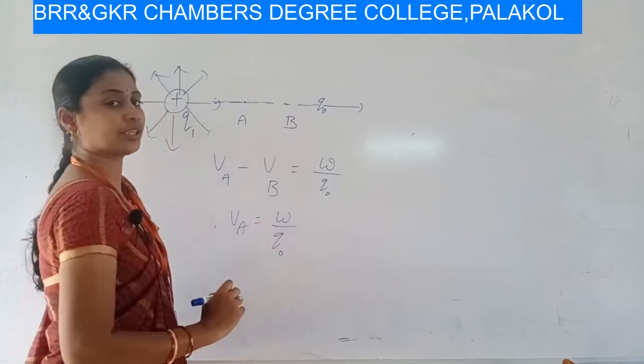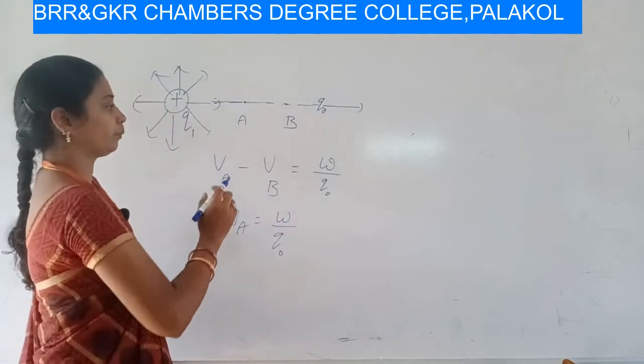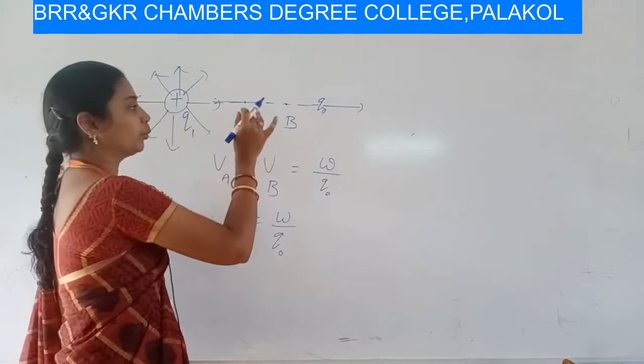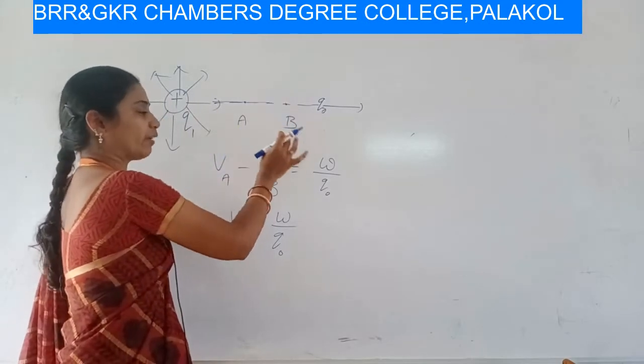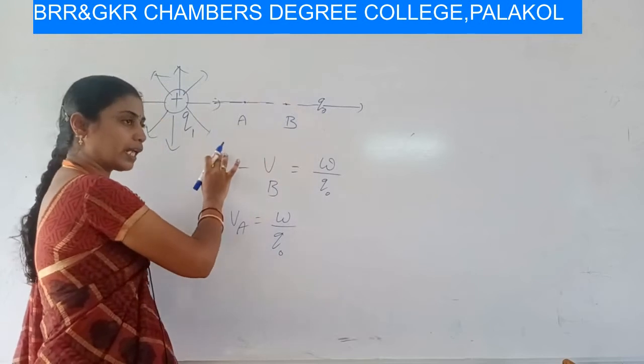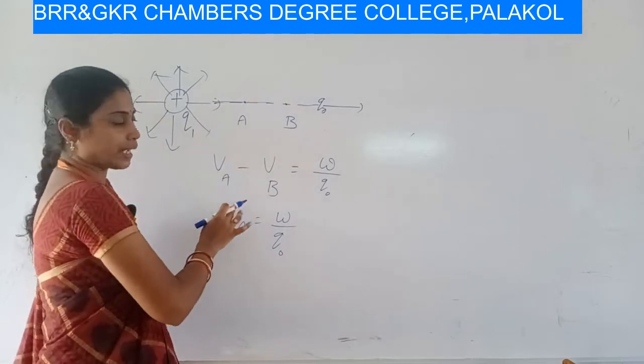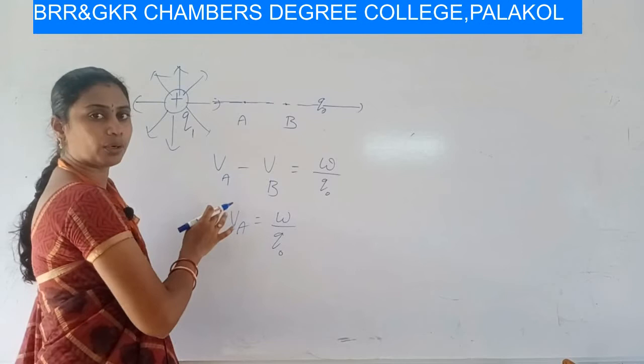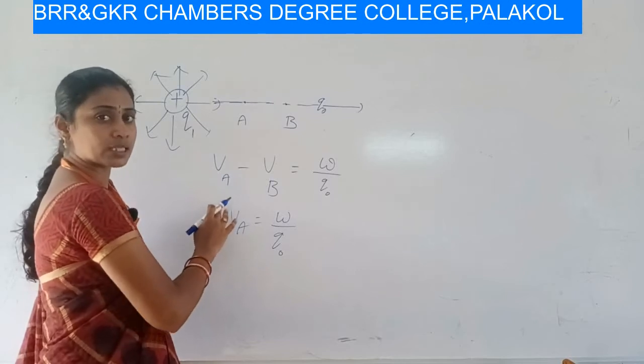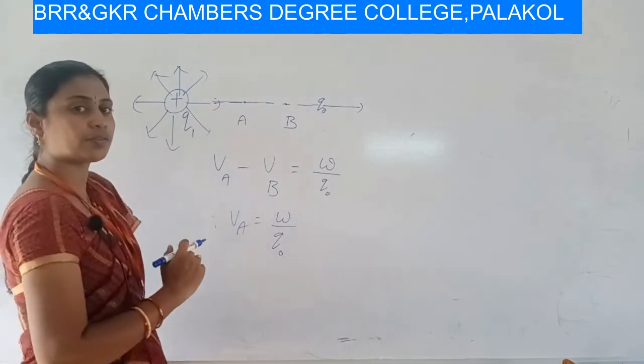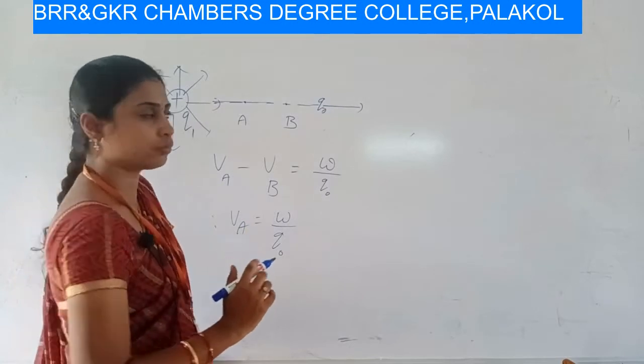Hence, the potential difference is said to be the work done to bring a unit positive test charge from an infinite position to that particular point against the field. The unit for potential difference is 1 volt.